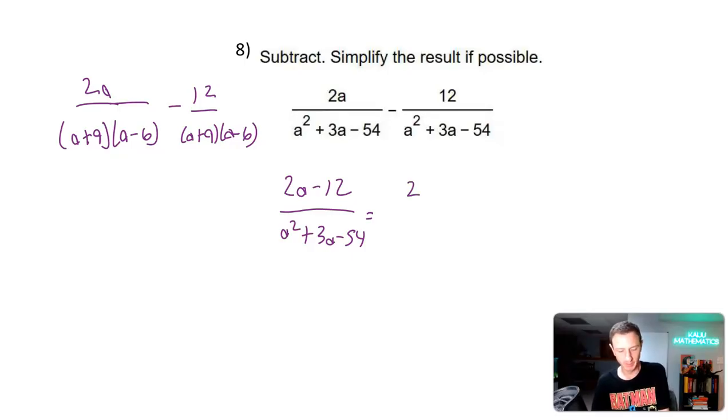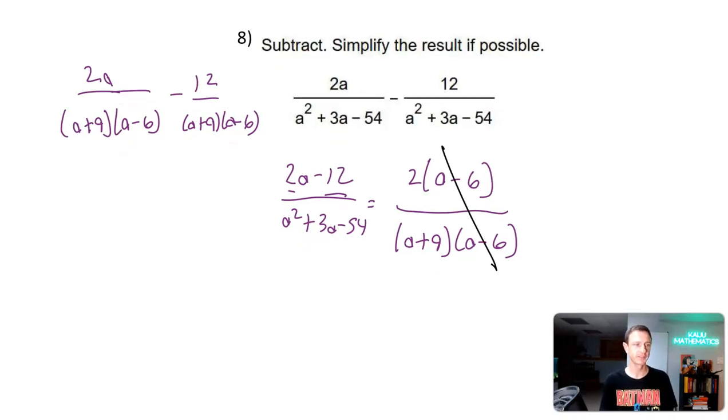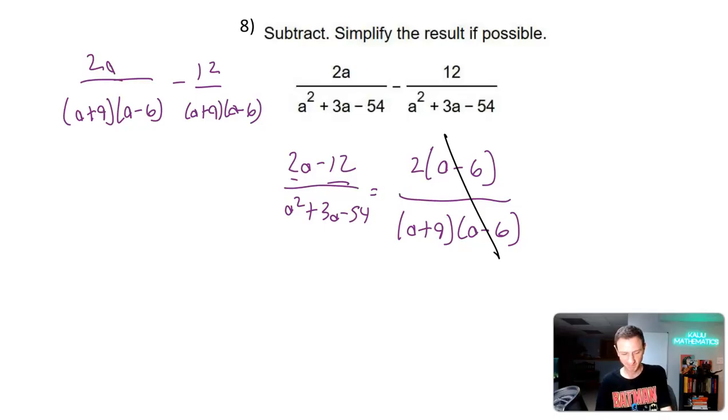I'm going to factor out a 2 from here, because 2 goes into 12 and 2 goes into 2. So 2 times a minus 6 over a plus 9 times a minus 6. And when you do that correctly, there's a simplification that can be made. Boom, game over. The a minus 6's cancel out, so I'm left with 2 over a plus 9.